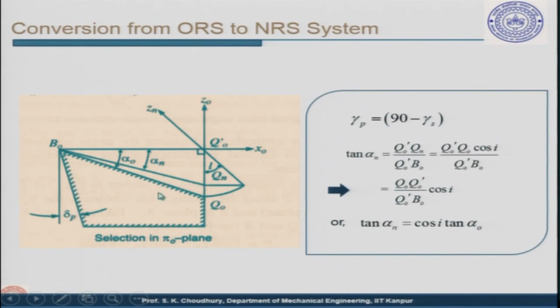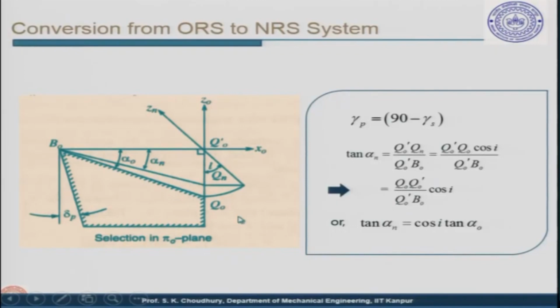Then this is the axis X0 Z0, in which we are showing the view in the orthogonal rake system. That means, this is as if the sectional view along the orthogonal plane.